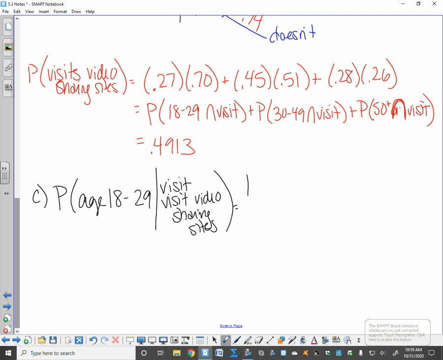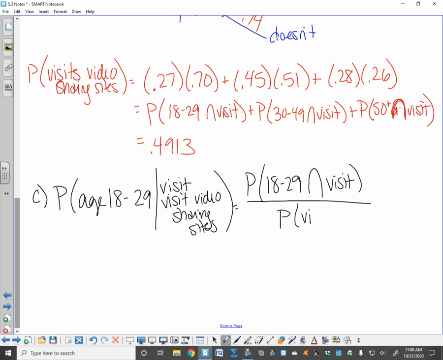That is going to be the probability that you are 18 to 29 and that you visit, over the probability that you visit. That's a have-to, you have to have that formula. 18 to 29 and visit is the same thing as the two branches. So 0.27 times 0.7.